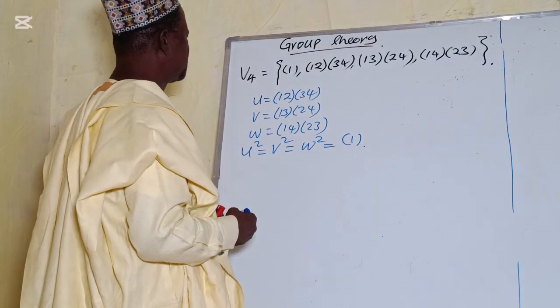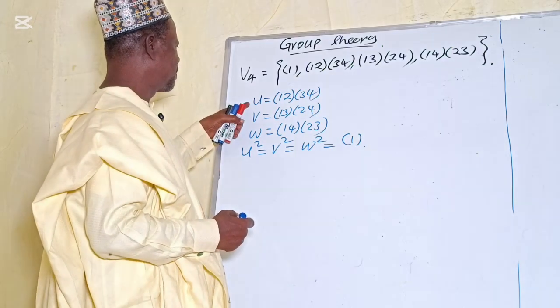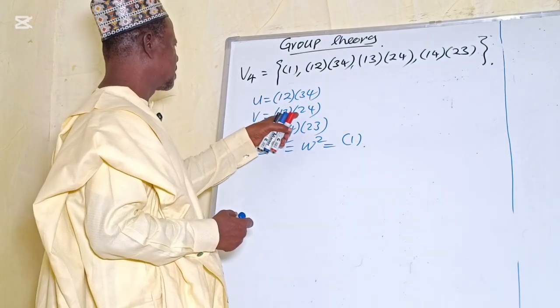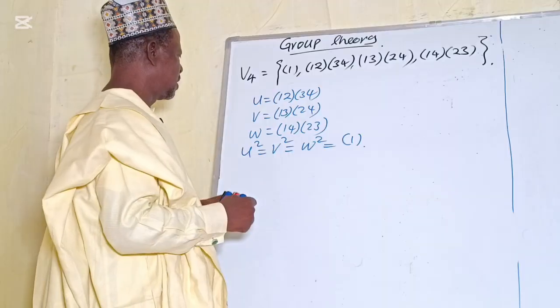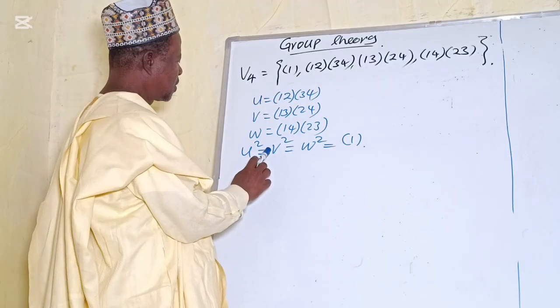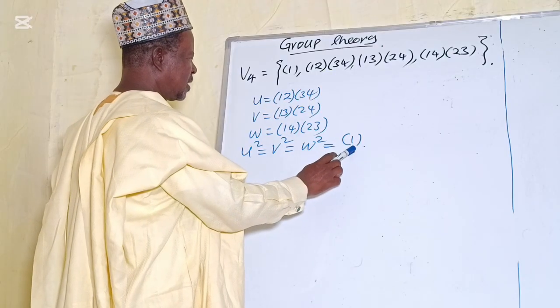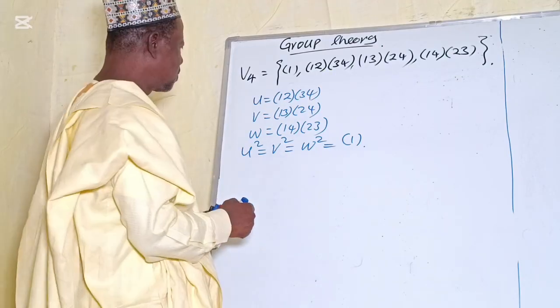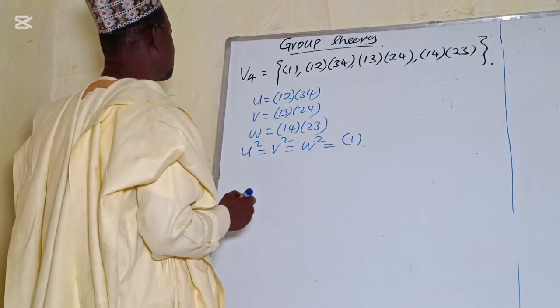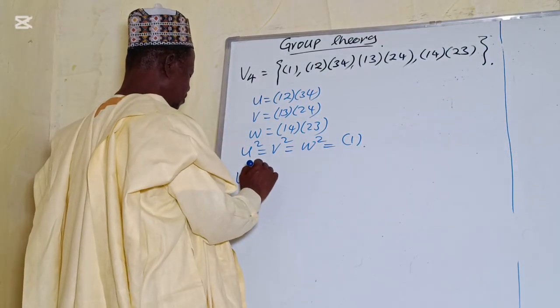Now, in our previous presentation, we discovered that if U is (1 2)(3 4), V is (1 3)(2 4), W is (1 4)(2 3), we actually found out that U squared was equal to V squared was equal to W squared, which were identified as the identity element. We are now going to continue to see what is UV.